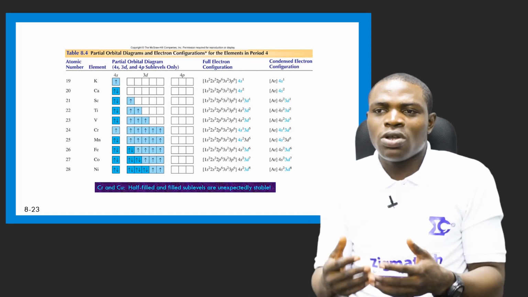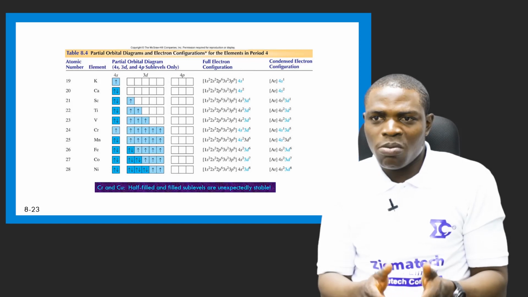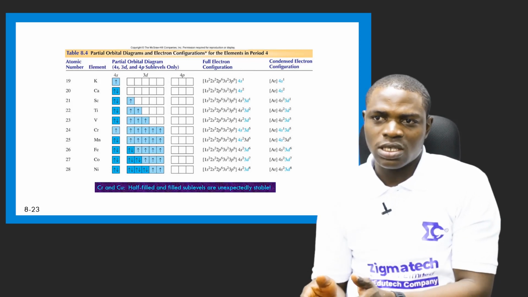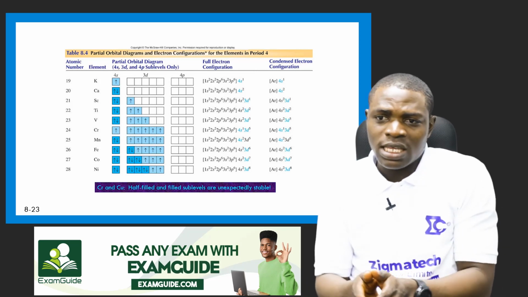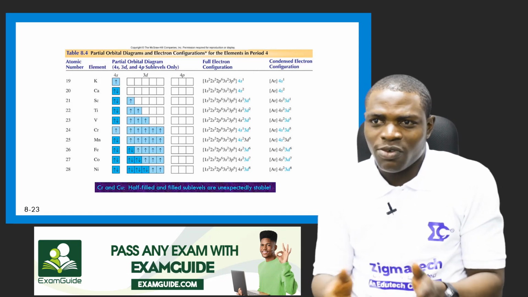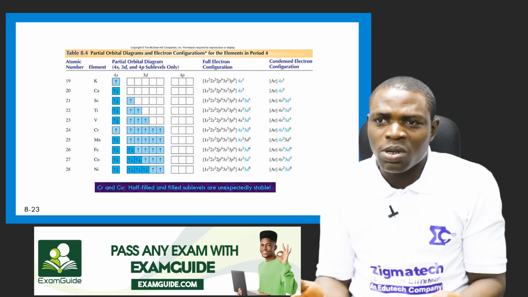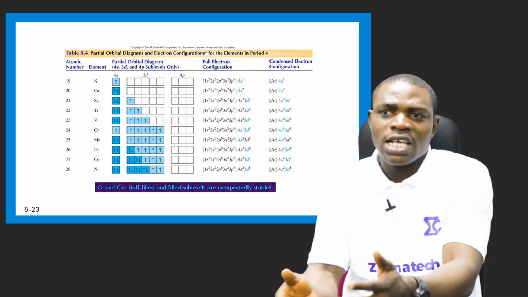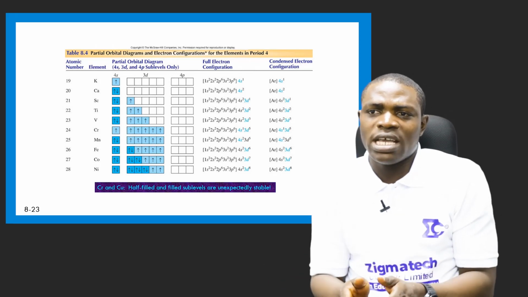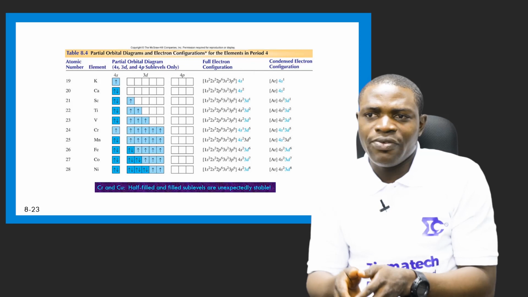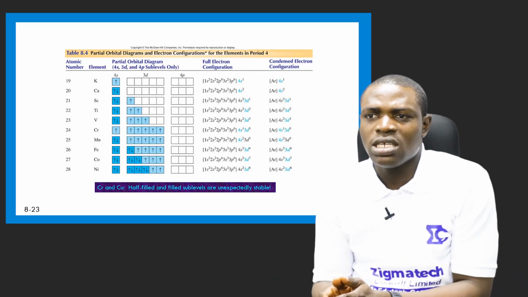Instead of a wife and a husband in the house where somebody has eaten and somebody has not, maybe you have 4 slices of bread. Instead of the husband taking the 4 slices or the wife taking the 4 slices, why can't you share 2 each? So everybody will be stable and things will be balanced. And you move on. So instead of 4s2, 3d4, share it: 4s1, 3d5.